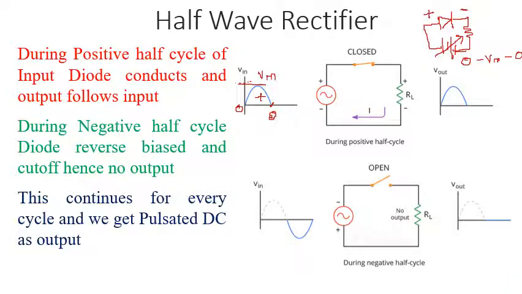Initially, till the breakdown occurs, the diode will not conduct. When the input voltage you are applying is more than the built-in voltage, that is 0.3 volts or 0.7 volts depending on the diode, then this diode is forward biased and starts conducting, and I can interpret this as a closed switch.